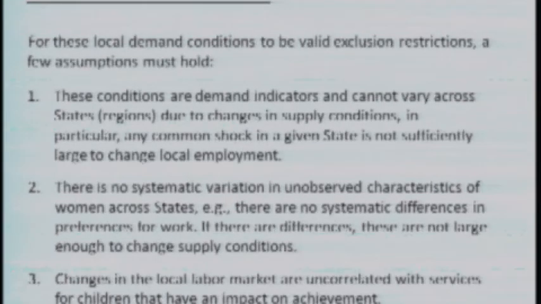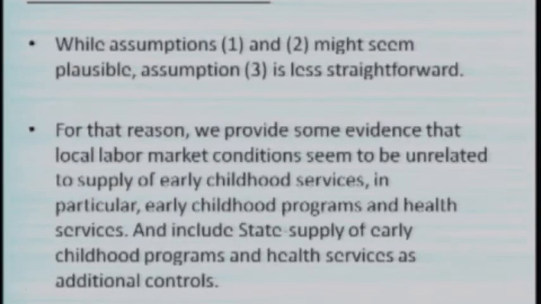And that changes in the local market are uncorrelated with services for children that could also have an impact on achievement. Presumably it's easier for me to argue for the first two, but the third, meaning no correlation with other services for children by department, is less clear.